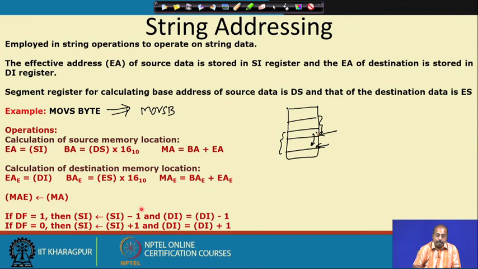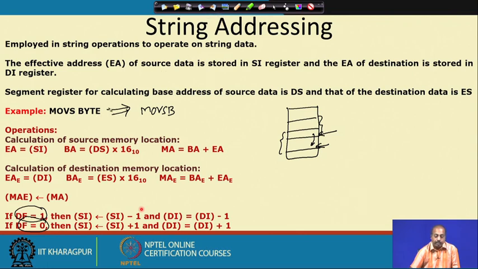In this case I have to decrement the values of SI and DI after each byte transfer, so I have to set the DF value equal to 1. Otherwise, if the overlapping is in the other direction, I have to set the DF value equal to 0, so that the SI and DI values will be incremented after every transfer.